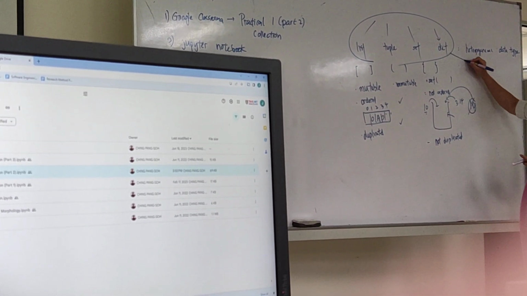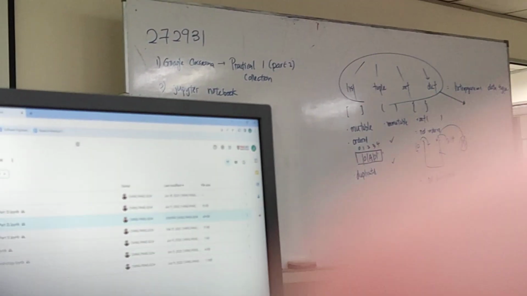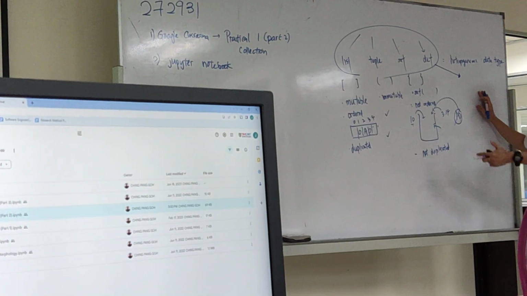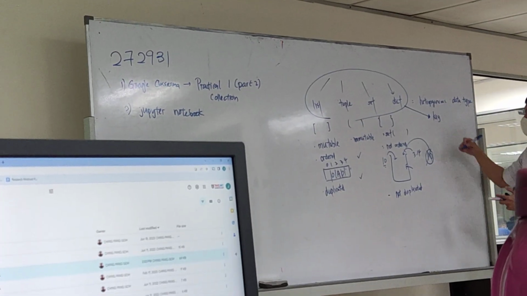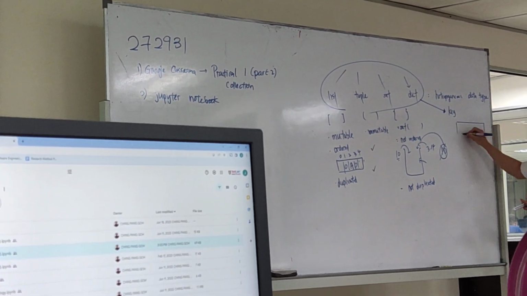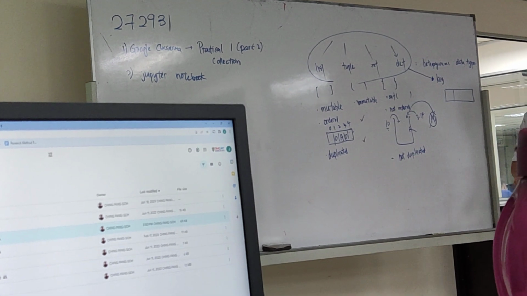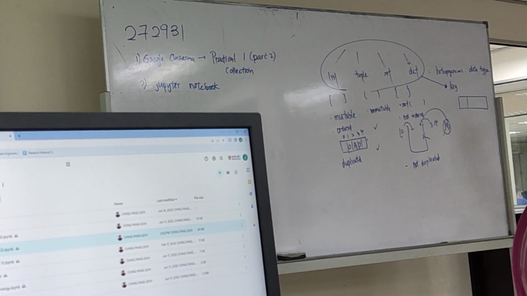And then the last one, dictionary. A dictionary is a special type of collection. It is not based on the index, but on the key. What does it mean by the key? Let's say now you would like to store something. Name: Jackson.